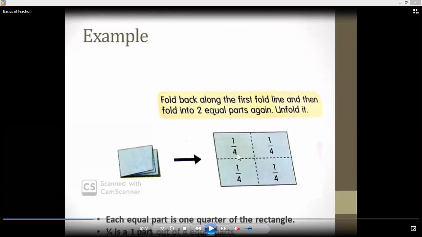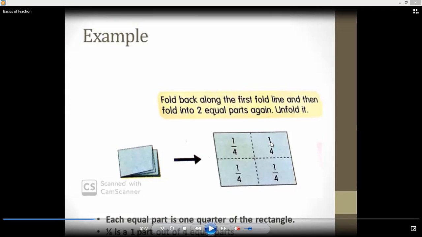When I divided it into two parts only, that was half and that was half. But now I divided it into four parts. So there are total four parts, so I write four down here. And if I talk about this part, this is one part out of four parts. So this is 1 over 4. If I talk about this part, this is also one part out of these four parts, so this is also 1 over 4.